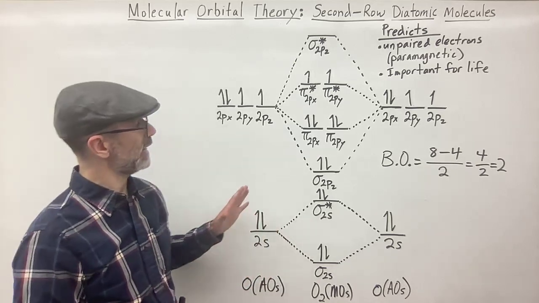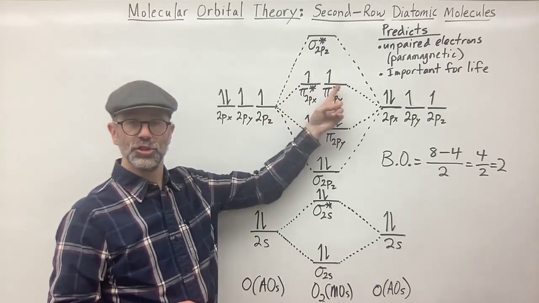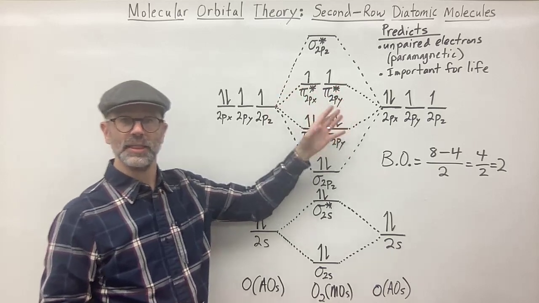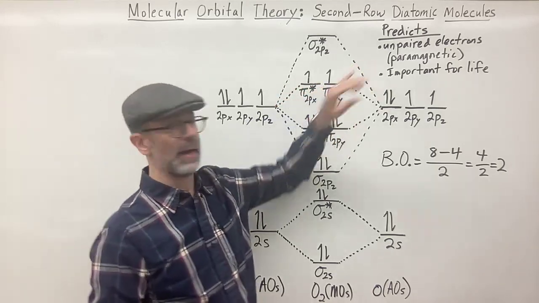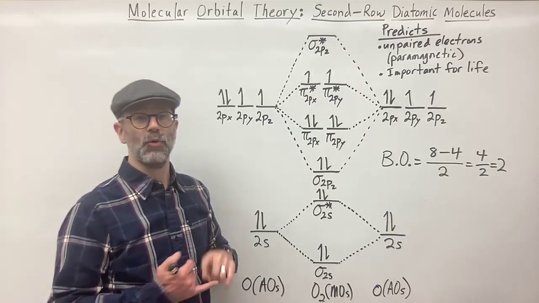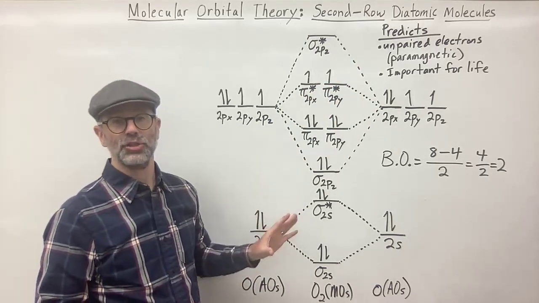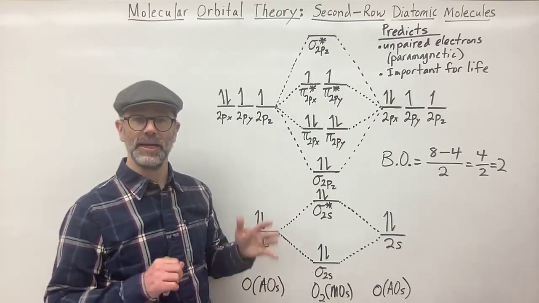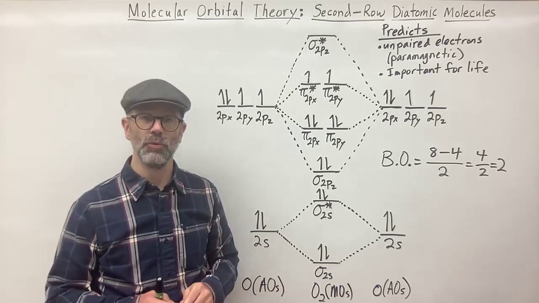This is the only case in which you end up with two unpaired electrons, and therefore making this paramagnetic, which means that we would predict that oxygen molecule has magnetic properties, and this is exactly what we observe.